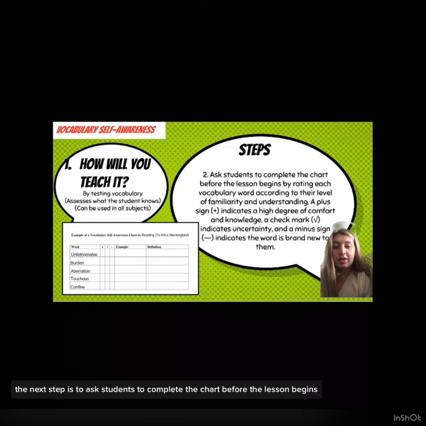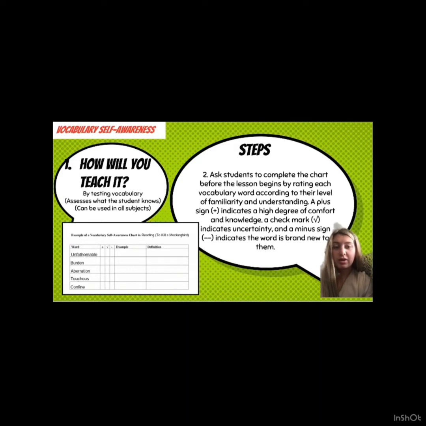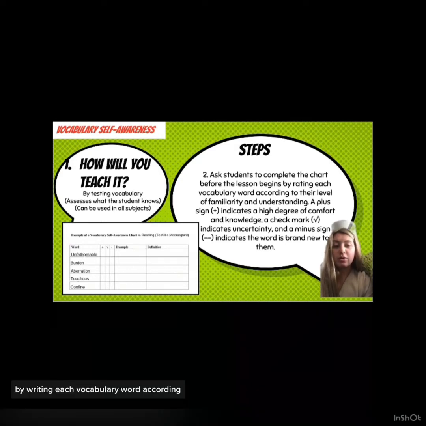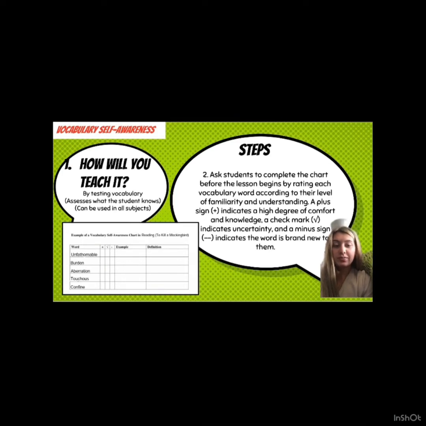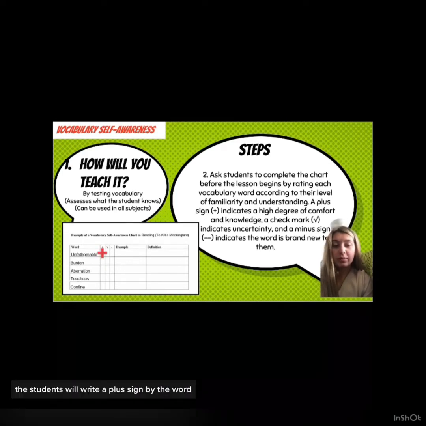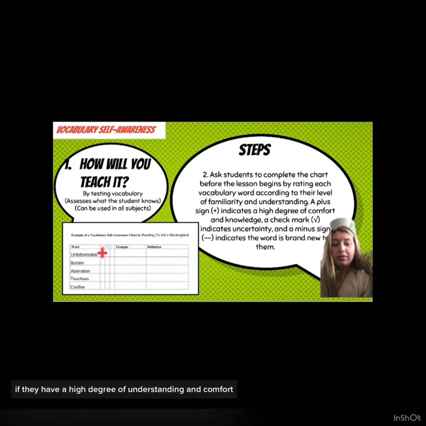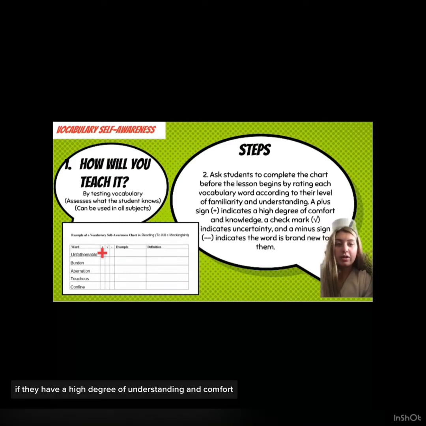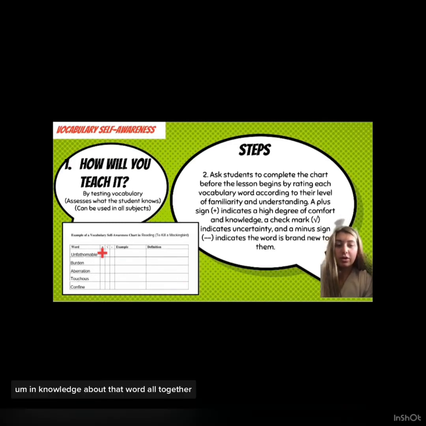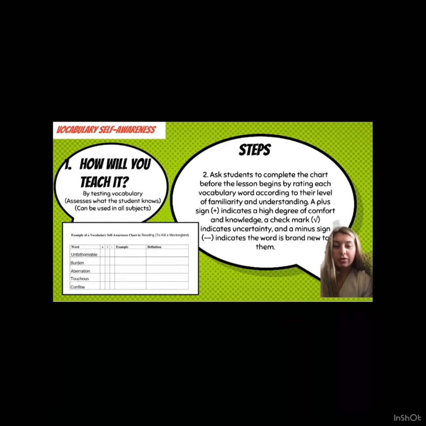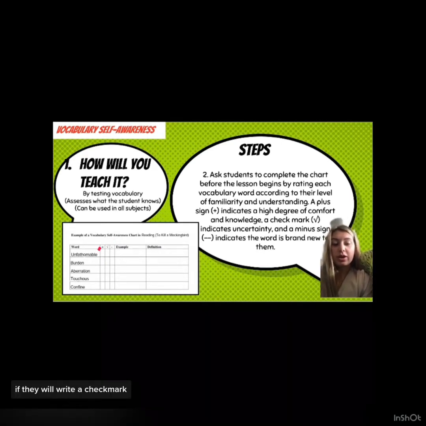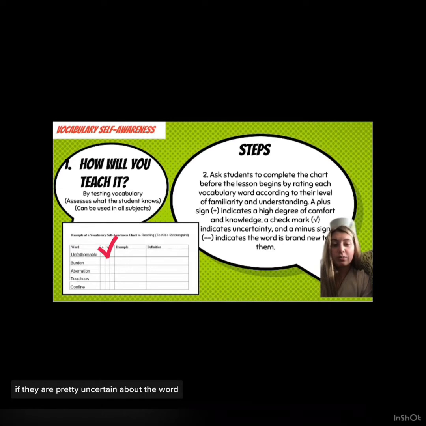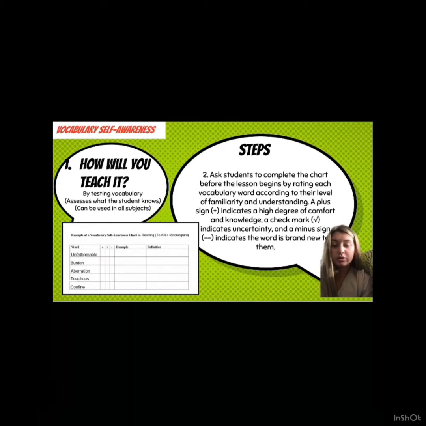The next step is to ask students to complete the chart before the lesson begins by rating each vocabulary word according to their level of familiarity and understanding. The students will write a plus sign by the word if they have a high degree of understanding and comfort and knowledge about that word altogether. They will write a check mark if they are pretty uncertain about the word.